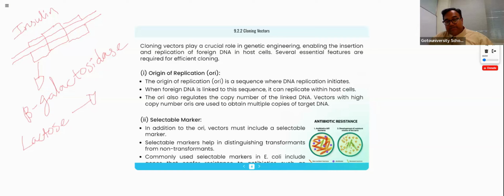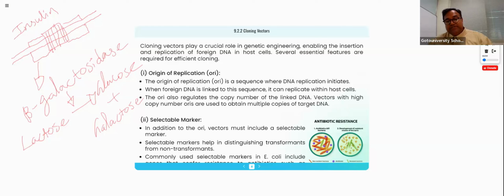Lactose is broken into glucose and galactose because of the beta galactosidase enzyme. So this enzyme is not produced if we are introducing the insulin gene.